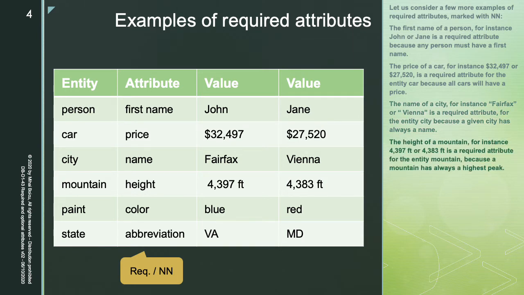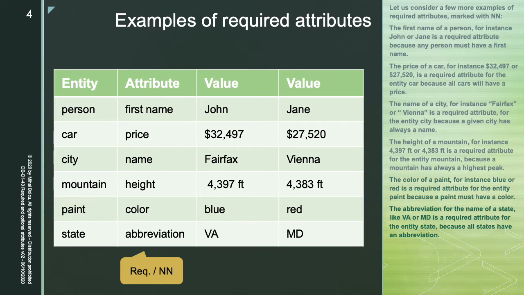The height of a mountain, for instance 4,397 feet or 4,383 feet, is a required attribute for the entity mountain because a mountain always has a highest peak. The color of a paint, for instance blue or red, is a required attribute for the entity paint because a paint must have a color.